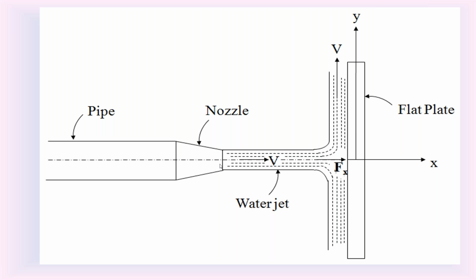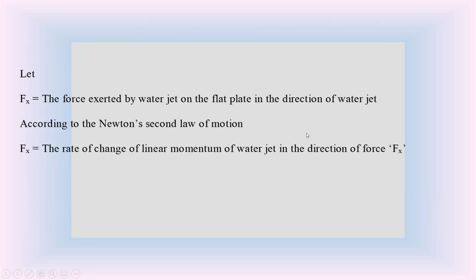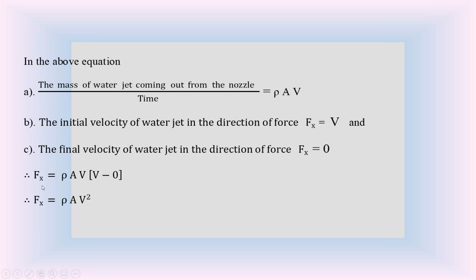So the equation of force Fx in this impact is given by Fx is equal to rho A V into V minus 0. Please understand this 0. This is the final velocity of water jet in the direction of force Fx. Fx is horizontal. Final velocity V is vertical.